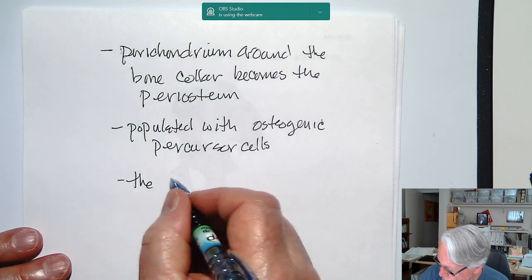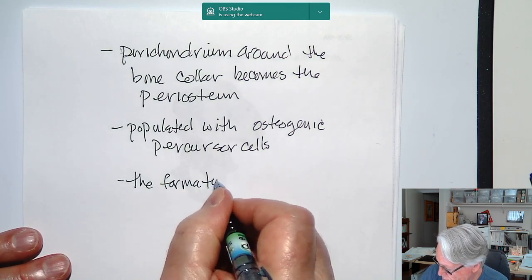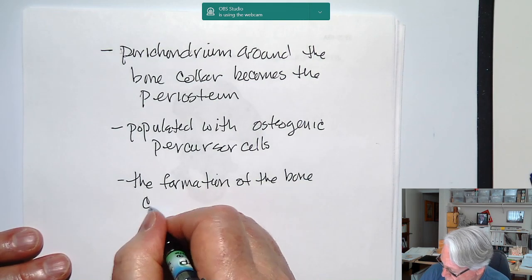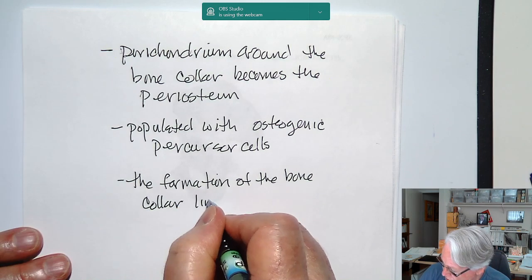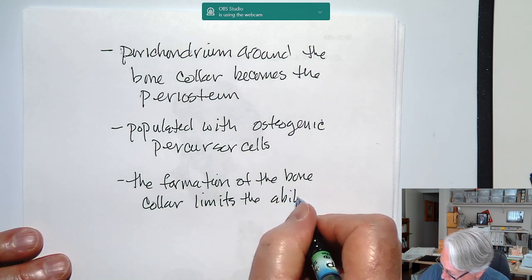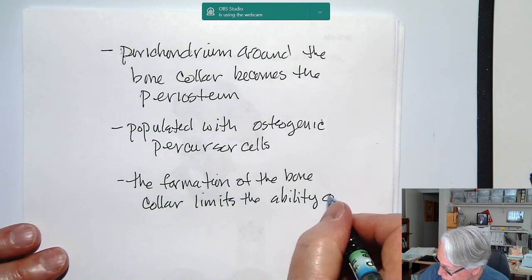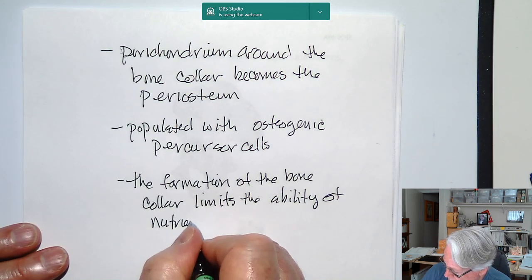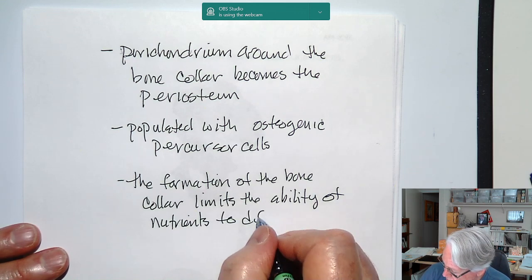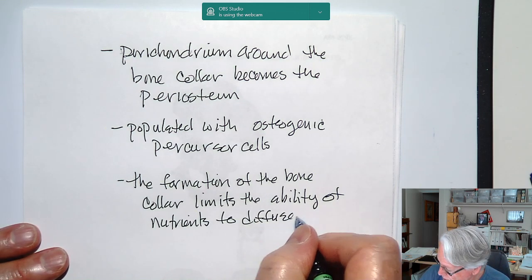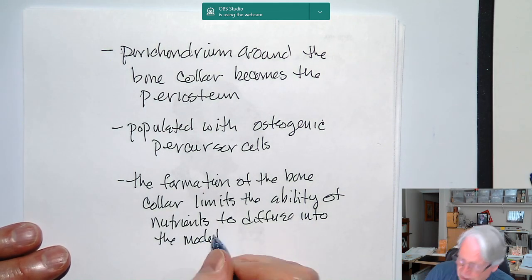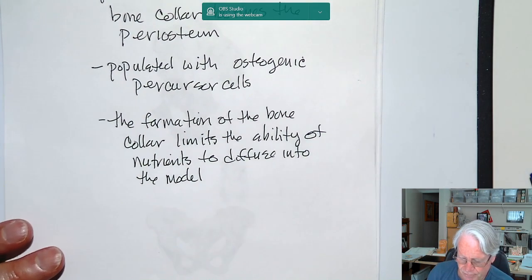The formation of the bone collar limits the ability of nutrients to diffuse into the model, just as we've been talking about. Okay.